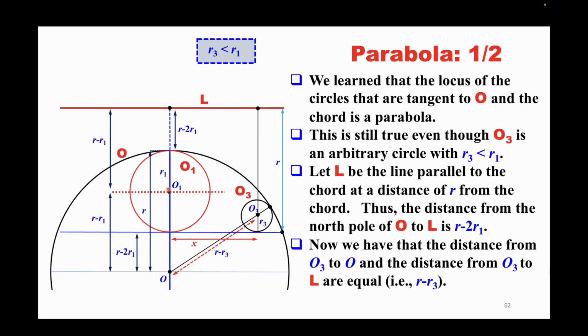We learned in problem 5 that the locus of the circles that are tangent to O and the chord is a parabola. That is, O3 lies on a parabola. Of course, in this case, R3 must be less than or equal to R1. It must be non-negative. So L is the line parallel to the chord at the distance of R from the chord.